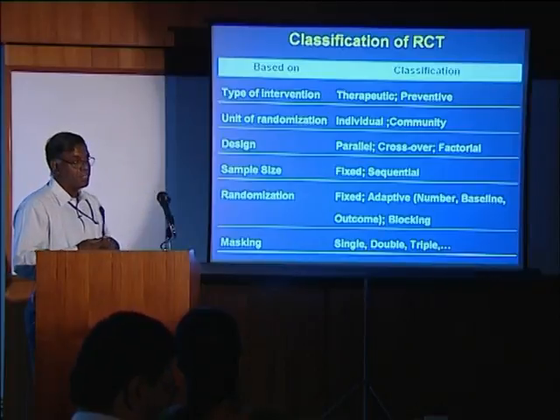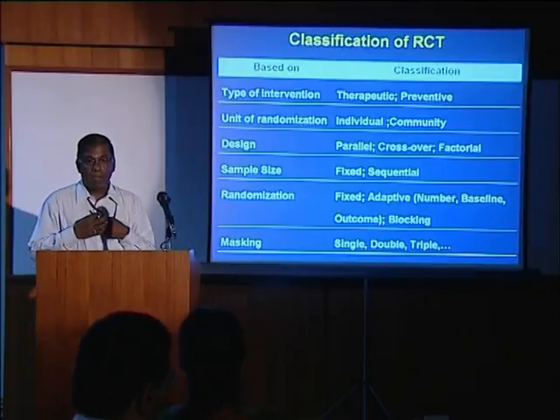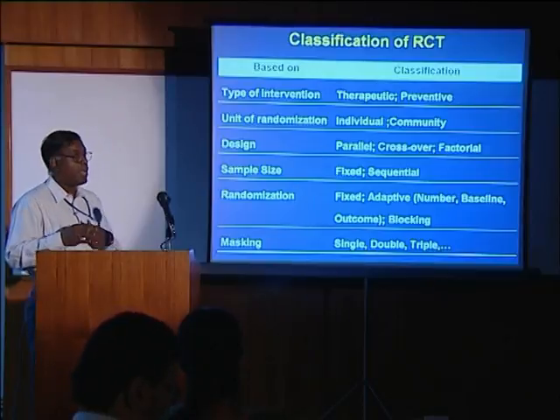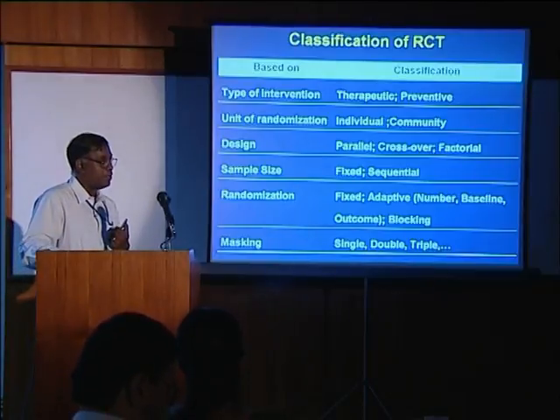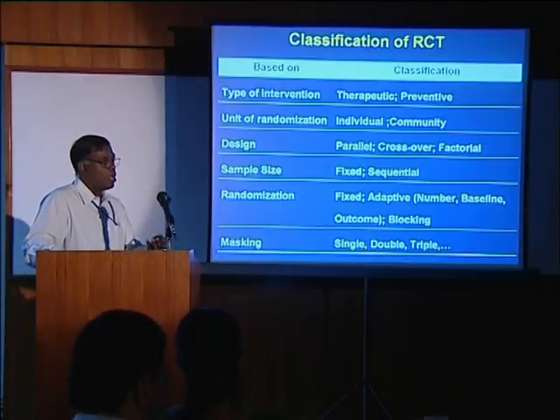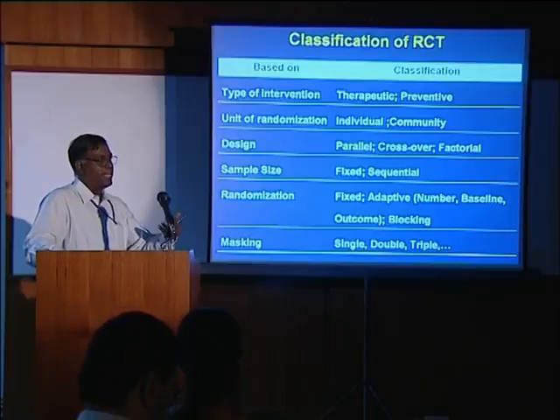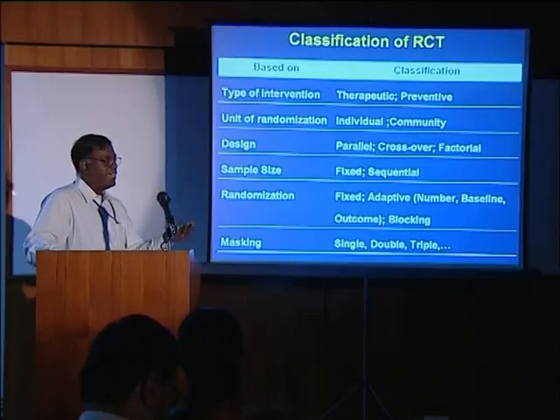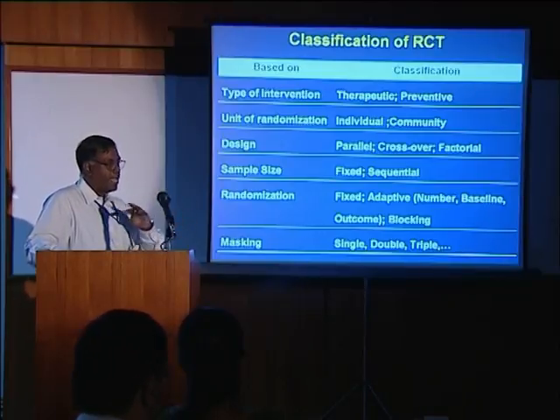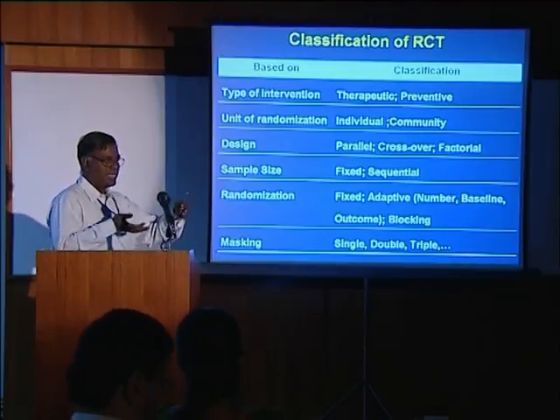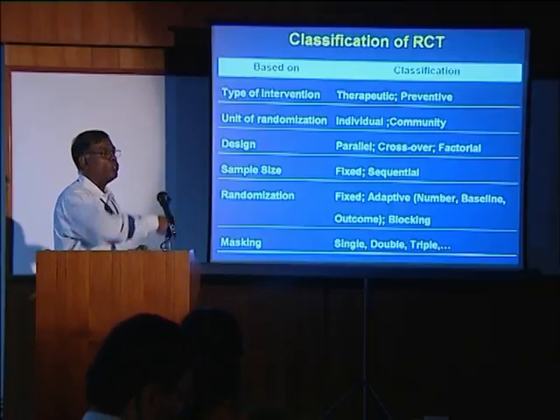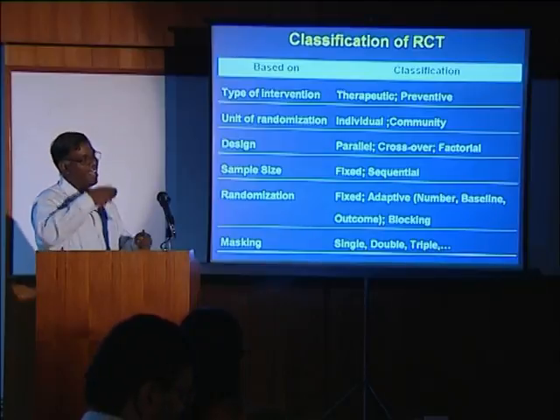Unit of randomization: I can have individual randomization or a community as such randomization. Say we did a study on vitamin A and its effect on morbidity, say diarrhea and ARI morbidity among infants. That was a trial we did. We did an individual randomization: each individual child is given a mega dose of vitamin A or not.